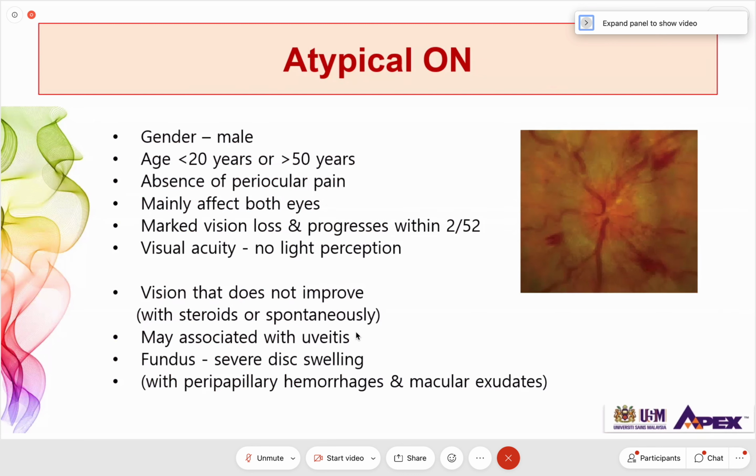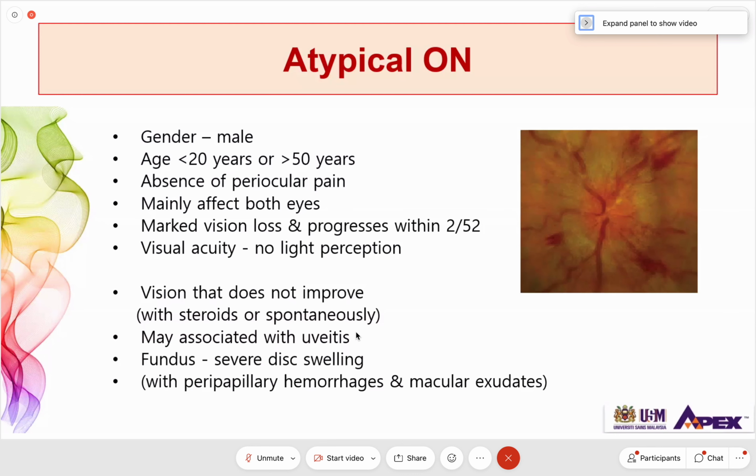Okay, in terms of atypical, compared to typical, it is a little bit more common in males. It can occur from above 20 years of age up to 50 years.